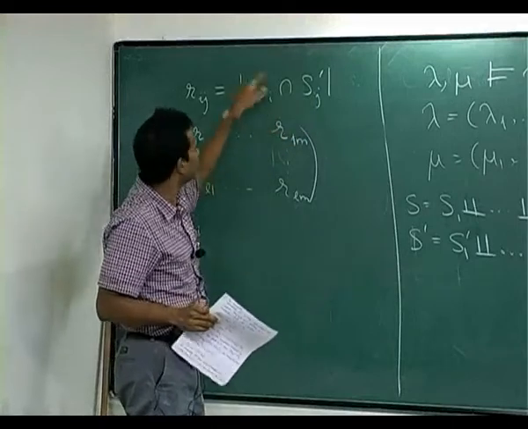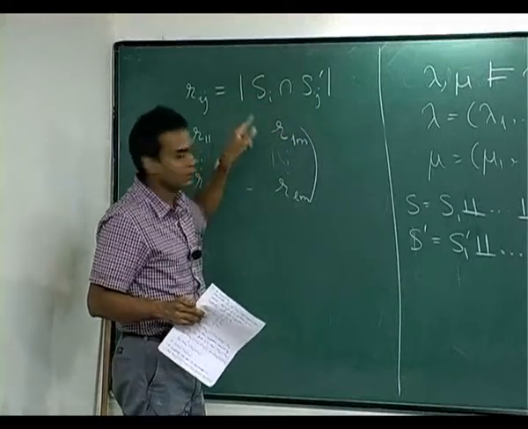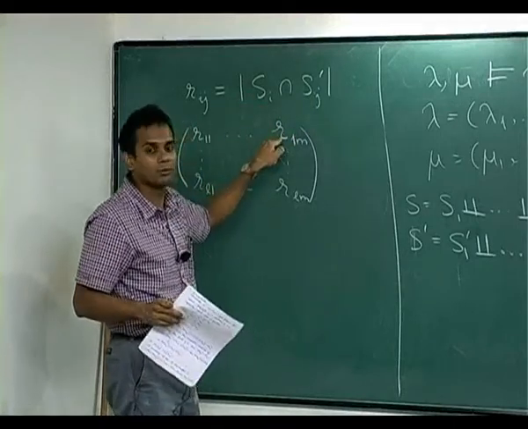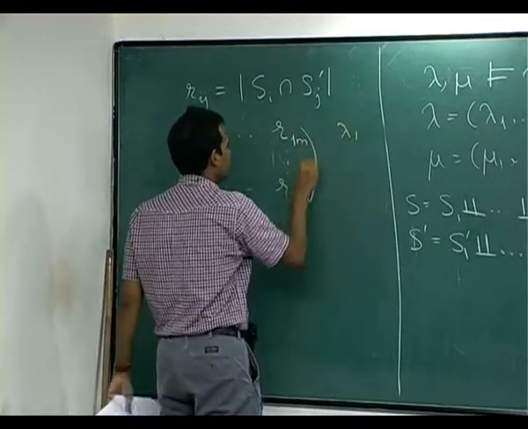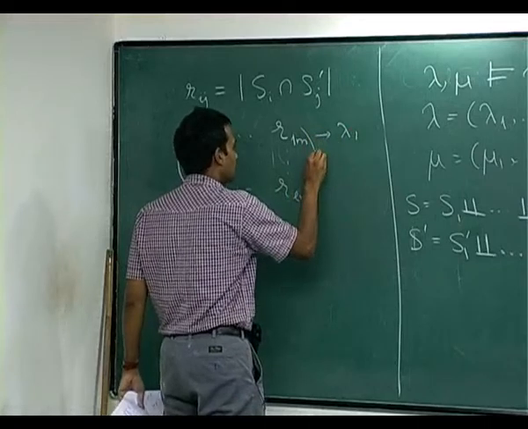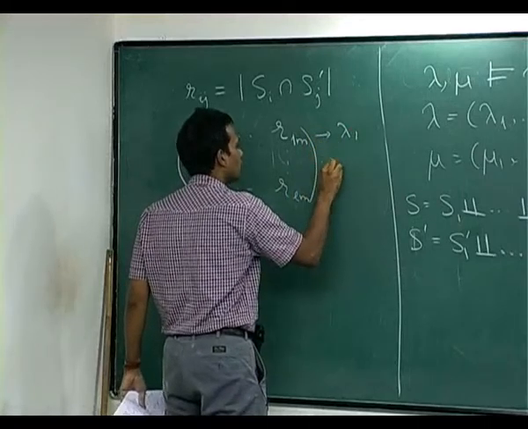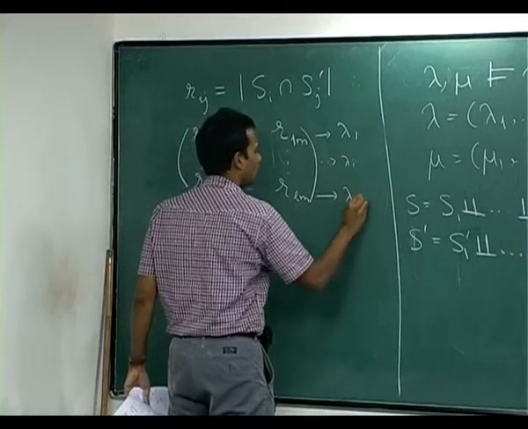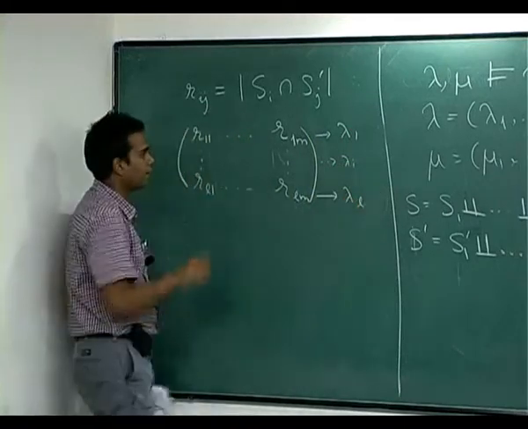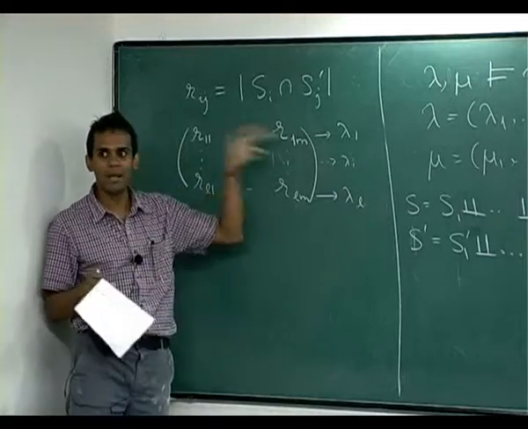But that's just a partition of S1 itself. So these should add up to lambda 1. And similarly, each row should add up to lambda i, so the last one should add up to lambda L. The ith row should have sum lambda i.